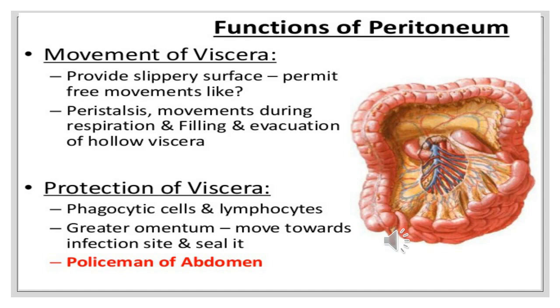The greater omentum has the power to move towards the site of infection and to seal it, thus preventing spread of infection. For this reason, the greater omentum, which is attached to the greater curvature of the stomach, is often designated as the policeman of the abdomen.